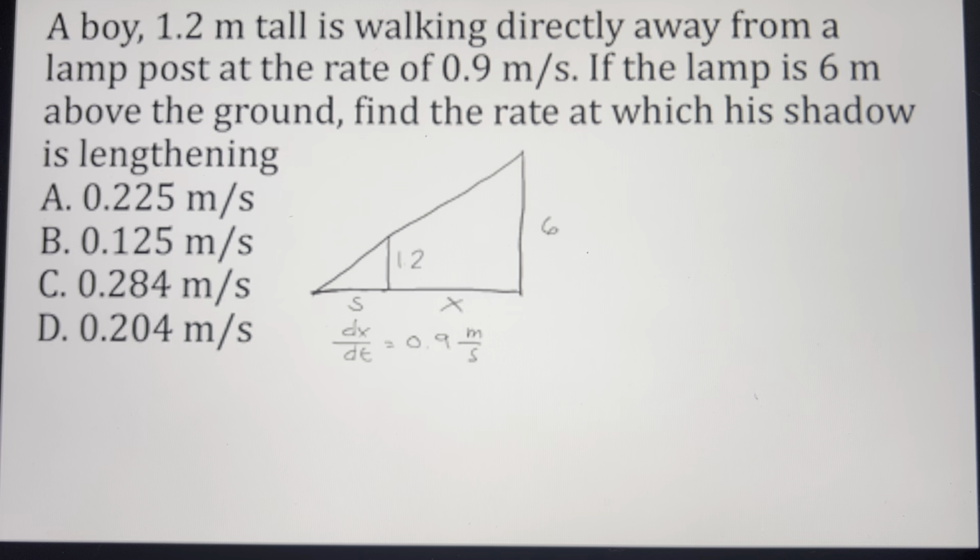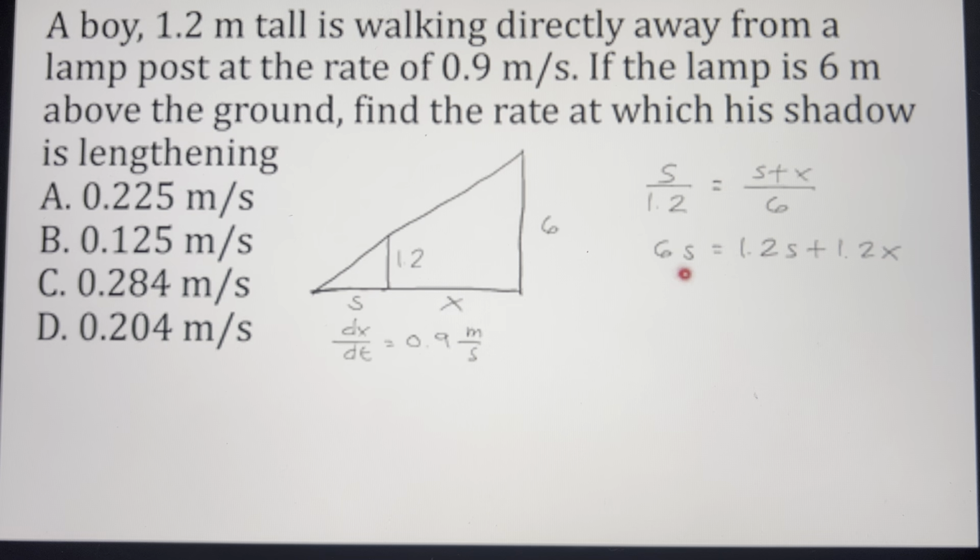Using similarity of the two similar triangles, base to height of the smaller triangle is equal to base to height of the bigger triangle. So cross multiply, that will be 6s equals 1.2s plus 1.2x. 6 minus 1.2 is 4.8s.